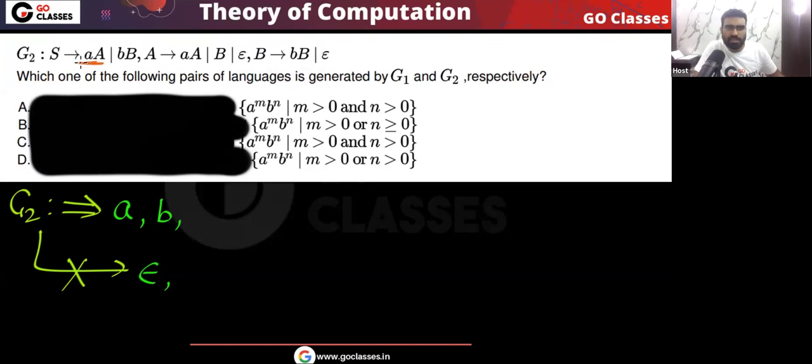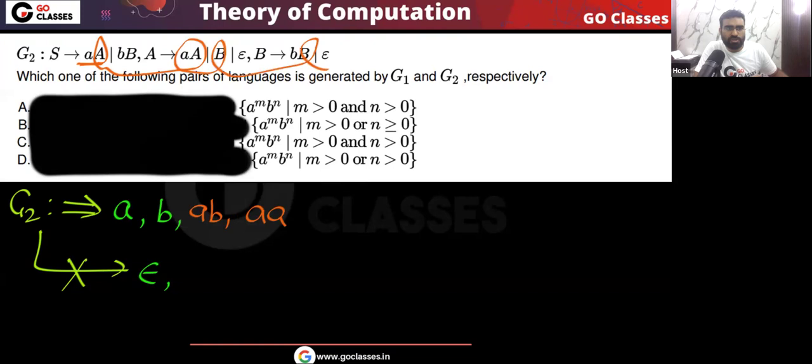For example, you can see there is A. Now this A I can replace with B, and from here I can generate B. So ab is also generated. Is a generated? Tell me. What about double a? I can take AA, this A I can replace with A, so I got a.